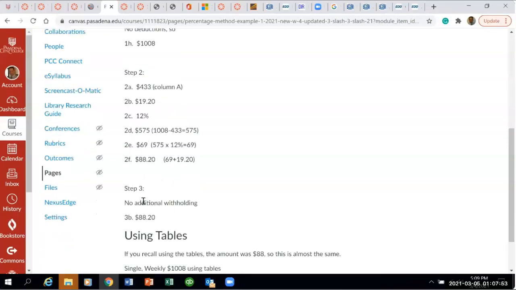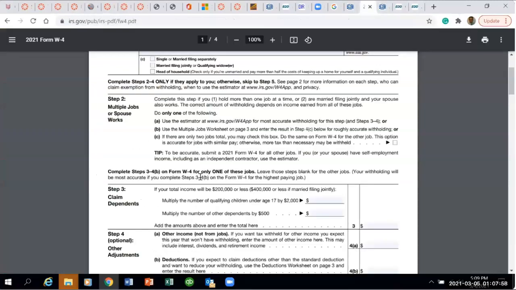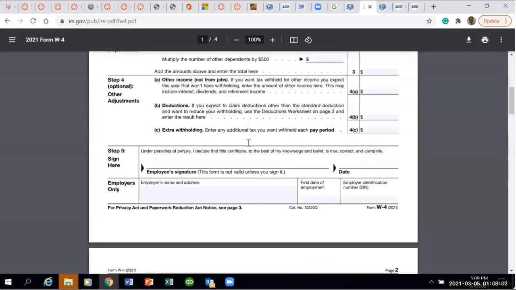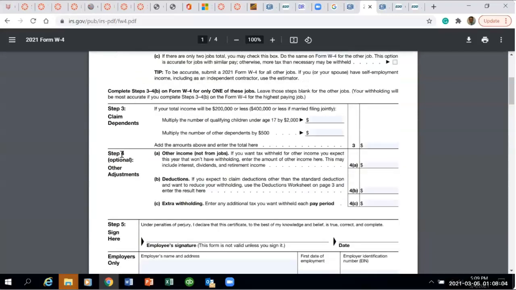And because there is no additional withholding, where is this additional withholding coming from? From your W-4, where you say, step 4C, I want to have extra withholding. Let's say $100.